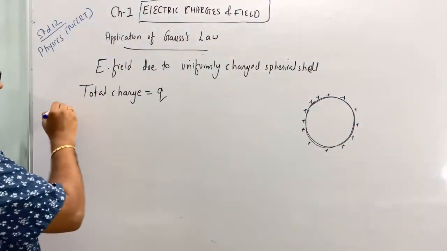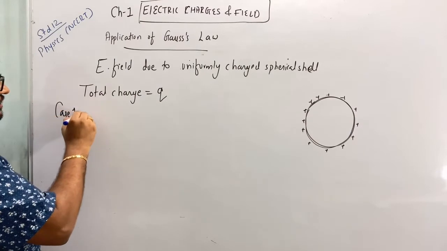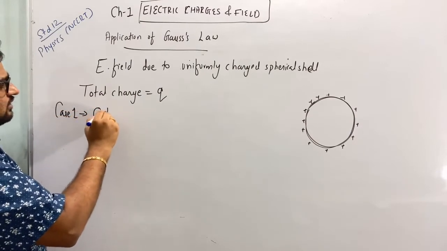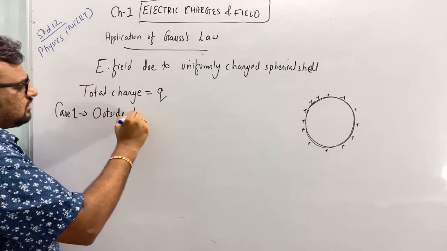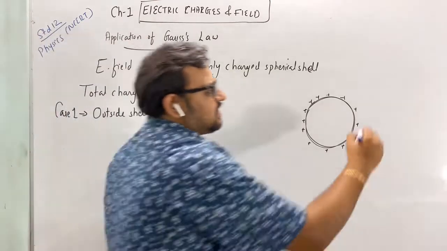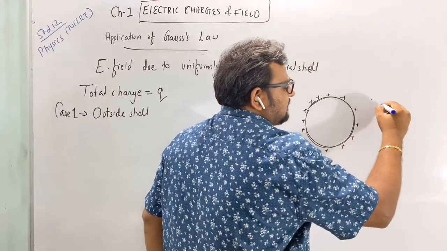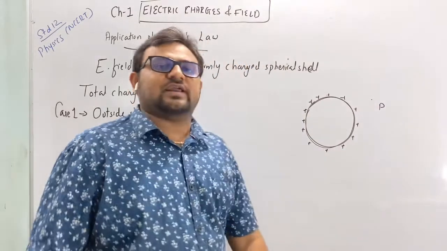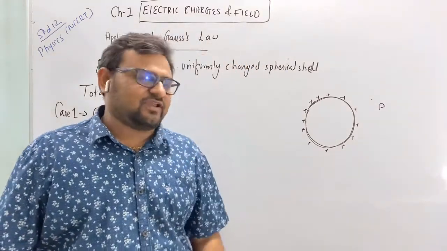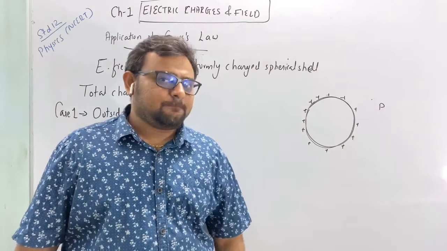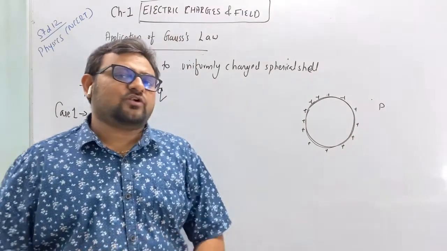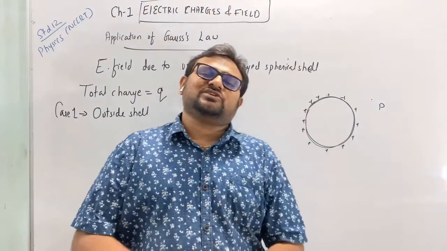So case one, we will take outside the shell. Let's take a point P. I need to find out the electric field at this point P. Okay. So now what we will do? We will take a Gaussian surface.